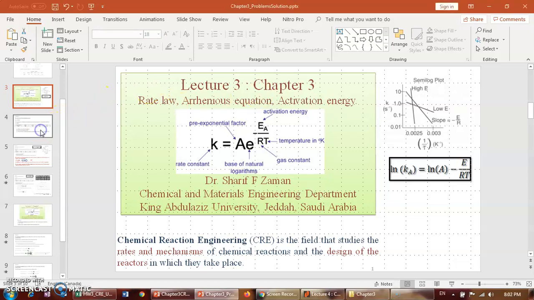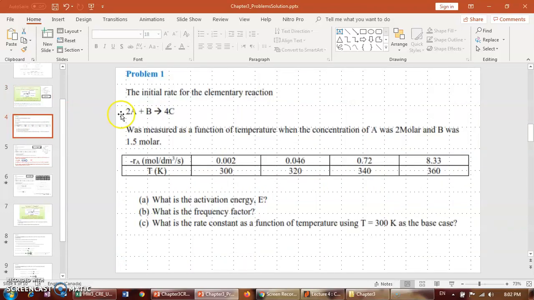The first trick, if you look into the problem now here: we have an elementary reaction. Elementary reaction means that the order of the reaction is the stoichiometric coefficient of the species over the concentration terms. And if you see the data here, basically this is initial rate data. At the beginning, what is the rate of the reaction that we are measuring at different temperatures?